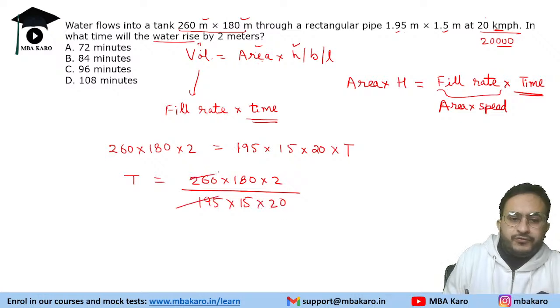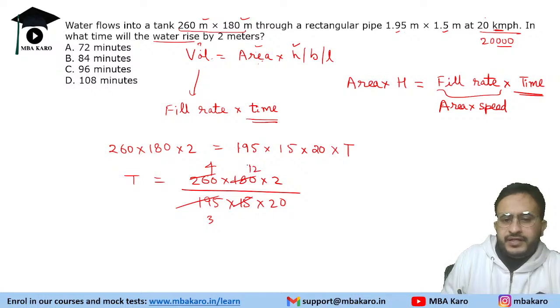Okay, so 4 by 3, right? 15 12 times is 180, and this is upon 10, and this is 3 times, sorry, 4 times. So 4 into 4, that is 1.6.